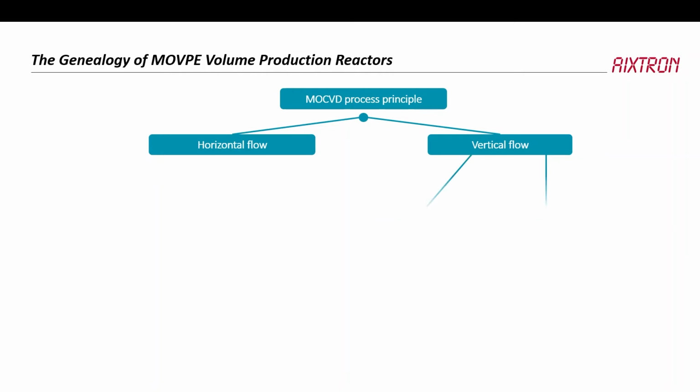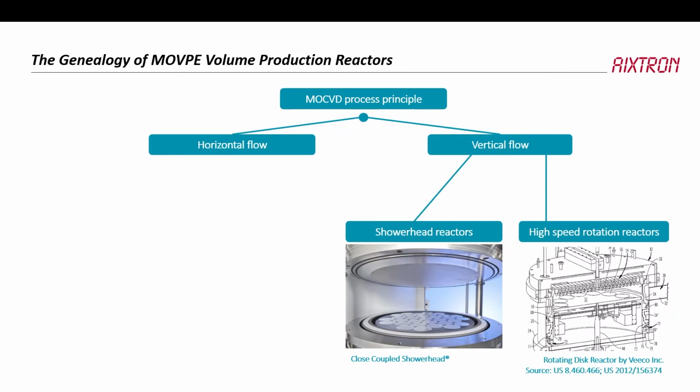Vertical flow reactors are, for instance, showerhead reactors, just like the close-coupled showerhead systems from AIXTRON. And our competitor has these high-speed rotation reactors, VEECO. We took this from a patent, because obviously we, as the competitor, don't necessarily have a nice picture of a VEECO reactor, but this is how they look. So they could also all be characterized as vertical flow reactors.